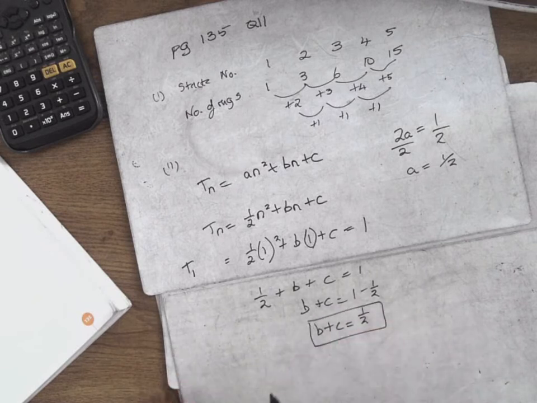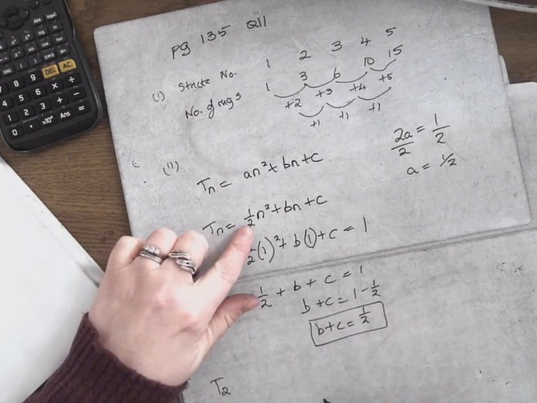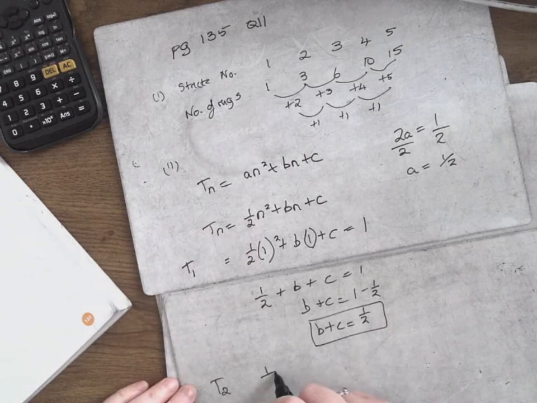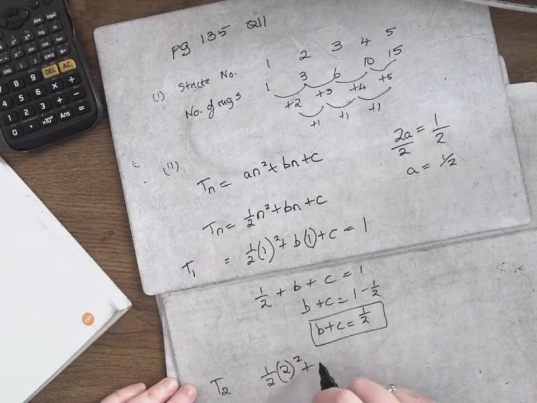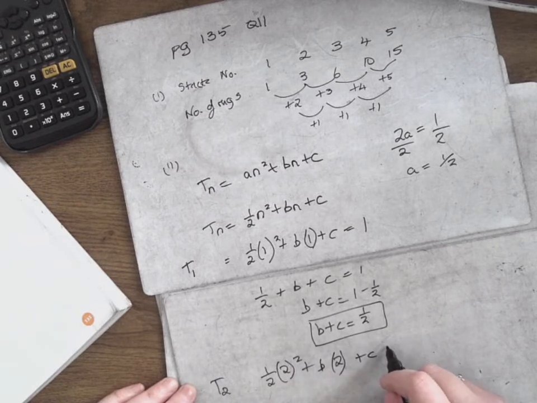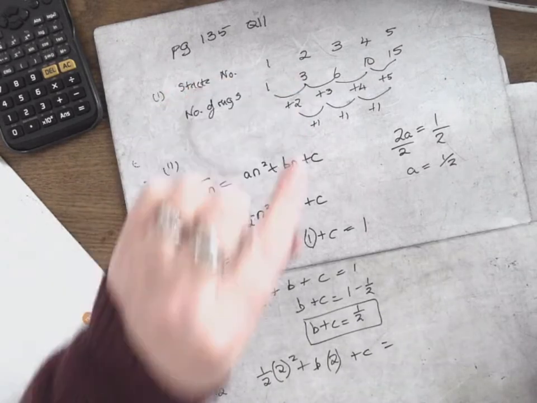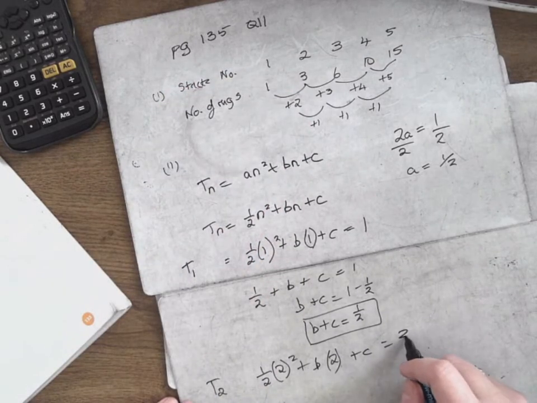Term number 2 means everywhere I see an n, put in a 2. So that's a half times 2 squared plus b times 2 plus c. And this time you know your answer is going to be 3 because the second term in the sequence was 3.